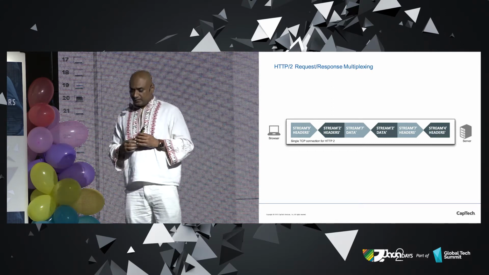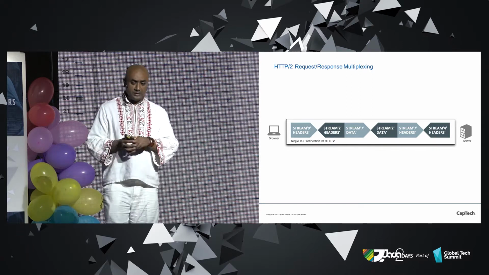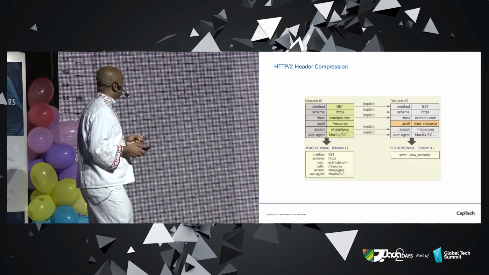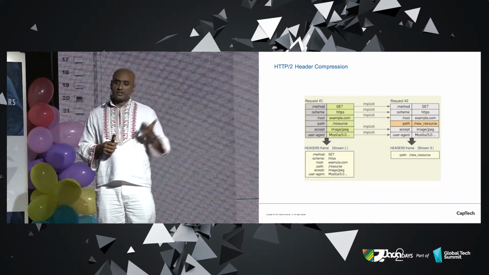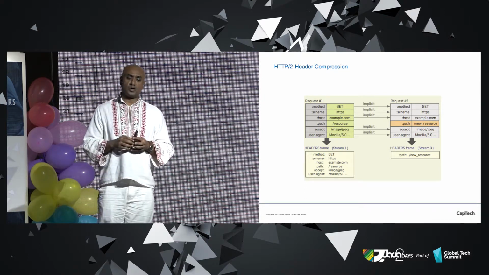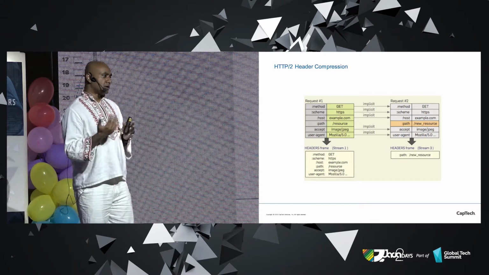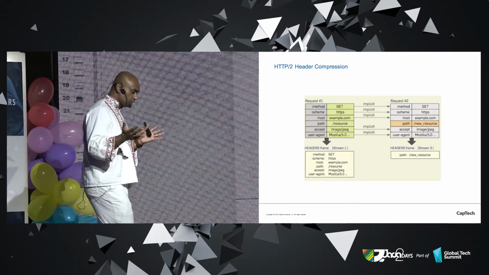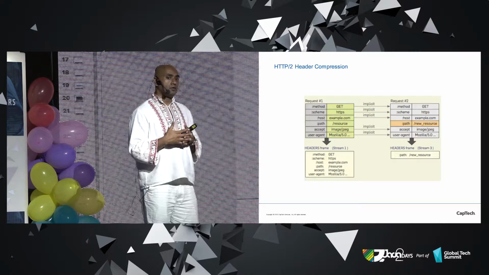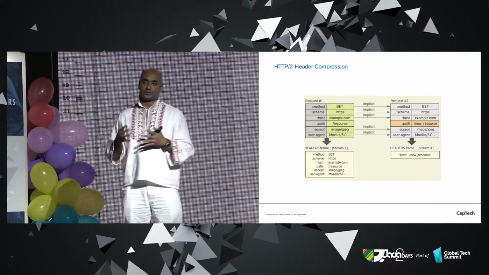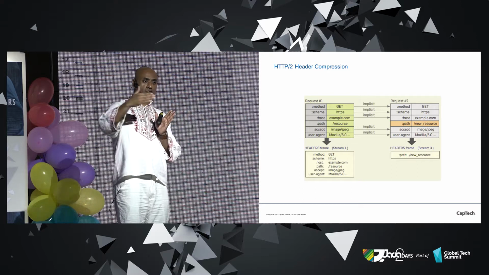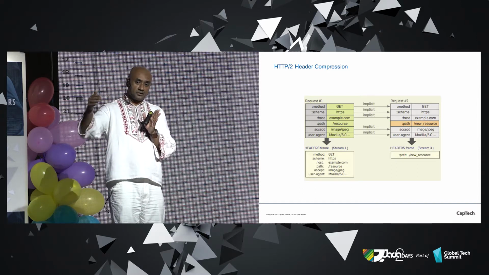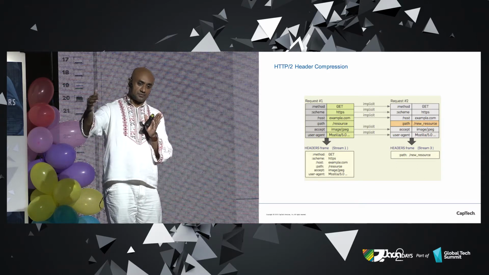Another important optimization that was made in HTTP 1.1 is something called HTTP header compression, and this bears a little bit of explanation as well. So let's think back again about the old school or the current way the client and server interact. You're making multiple requests, all to the same server, generally to the same application.